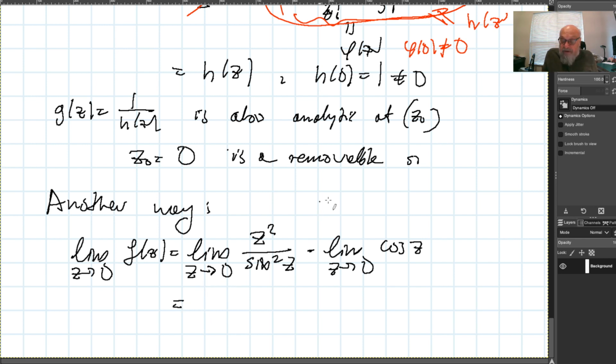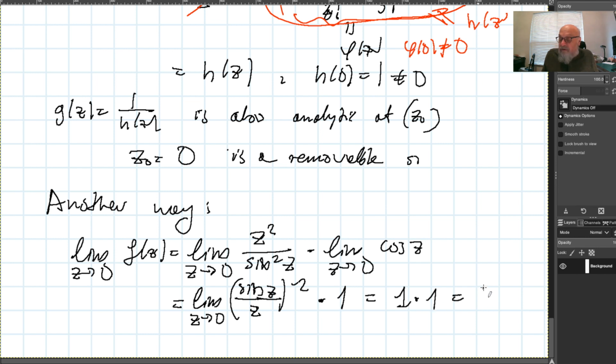Now the first one, you can use L'Hopital if you want, but you know exactly. This is the limit as z goes to 0 of sine z over z to the power minus 2 times 1. So this is 1 times 1, which is equal to 1. How do I know that this limit is 1? Because we know that the derivative of sine is cosine, and that means this limit must be equal to 1.